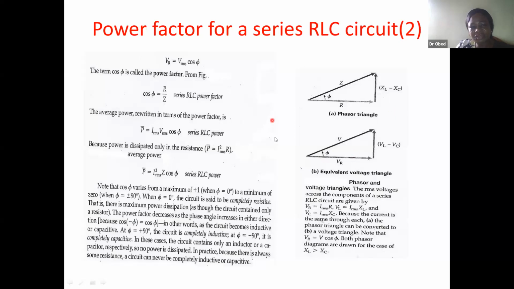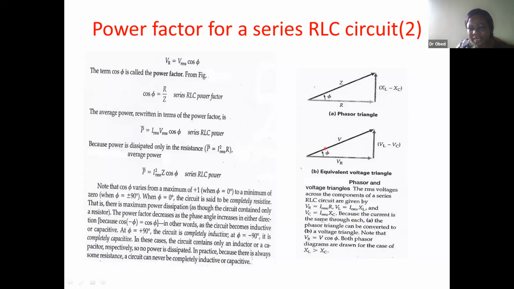And there's a lot to learn from here. The RMS voltages across the components of a series RLC circuit are given by VR equals I_RMS times R, VL equals I_RMS times XL, and VC equals I_RMS times XC, because the current is the same through each.